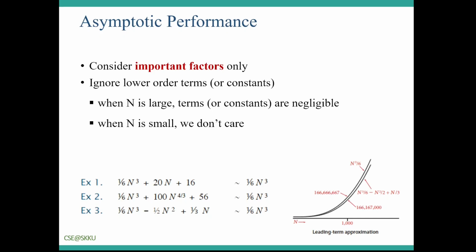So for all n greater than or equal to 1, 105n is less than or equal to 105n squared. So in this case, n0 equal 1 and c equal 105. This is a possible solution.